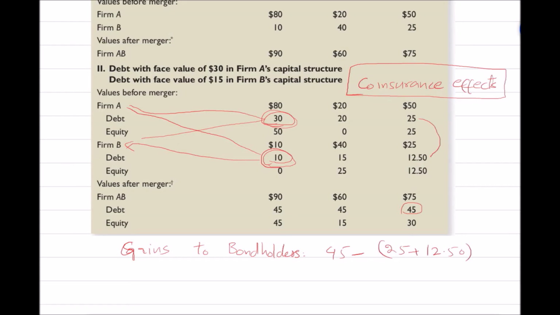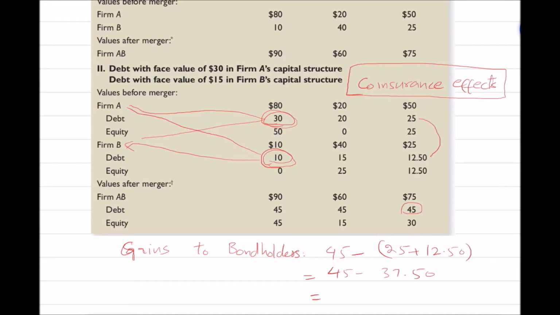While their actual value was 25 plus 12.50. So this was their total value, 37.50. So what is their total gain? 7.5.